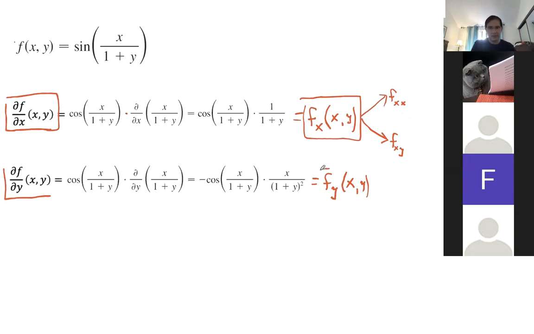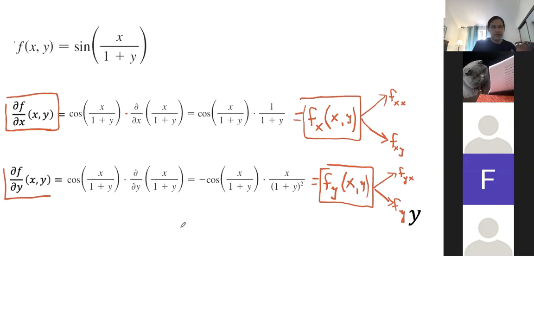Exactly the same thing here. This is a function of x and y. Well, this is the partial derivative of f with respect to y, but it is a function of x and y. And if it is a function of x and y, you can take this function f_y and compute the derivative of this function with respect to x and the derivative of this function with respect to y.